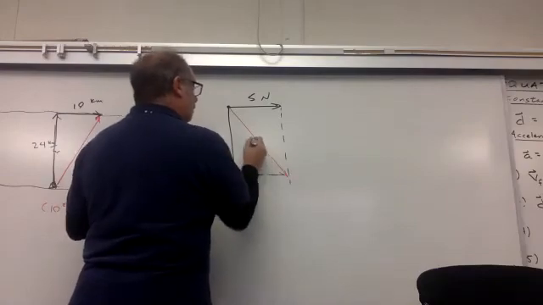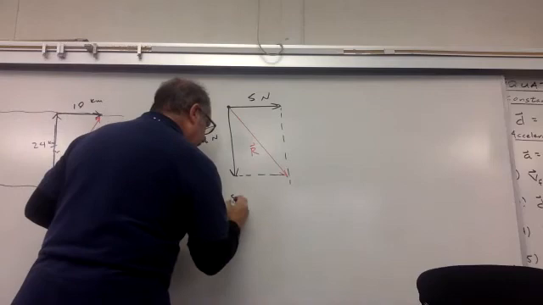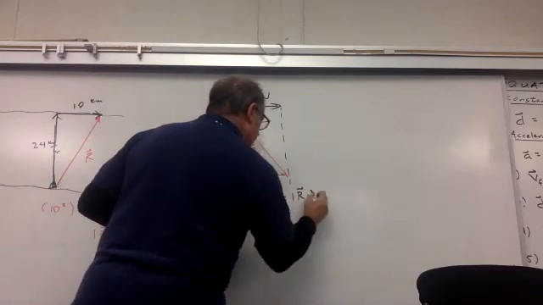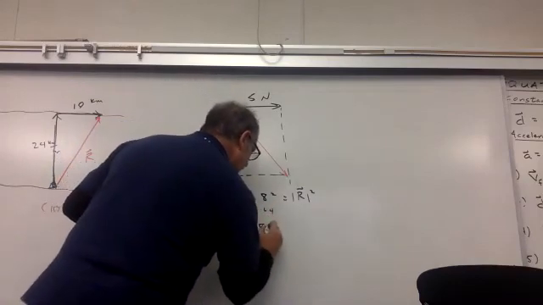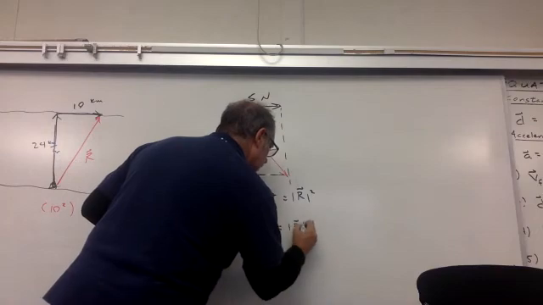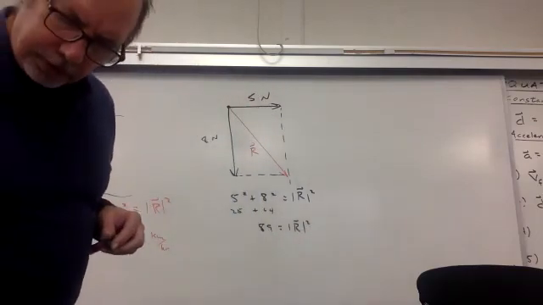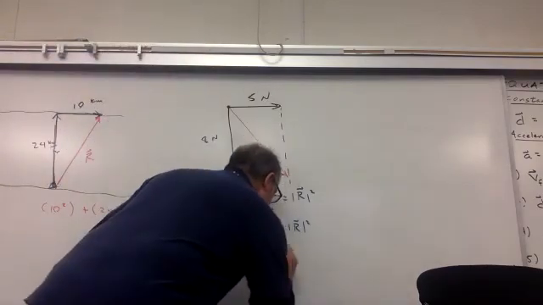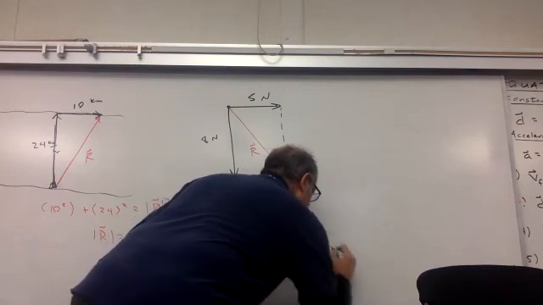That's R. I have to find the magnitude by Pythagorean theorem. 5 squared plus 8 squared. 25 plus 64 is 89. Square root of 89 is between 9 and 10, 9.4. So the resultant is 9.4 newtons.